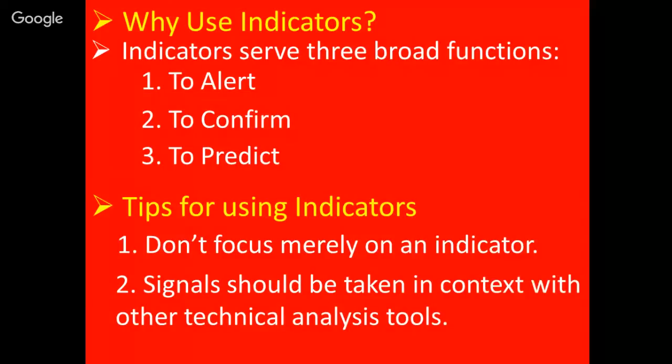The second tip for technical indicators is that signals should be taken in context with other technical analysis tools. Even though it may be obvious when to take buy and sell signals, the signals should be taken in context with other technical analysis tools.